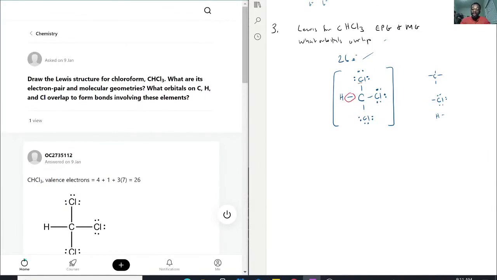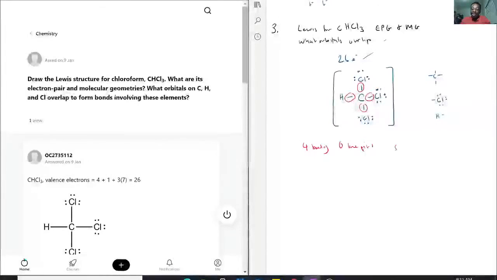So 1, 2, 3, 4: that's 4 bonding pairs and 0 lone pairs. So right now we have enough information to say the electron pair geometry and molecular geometry. For the electron pair geometry, we just take the total: 4 plus 0, so 4 pairs in total.